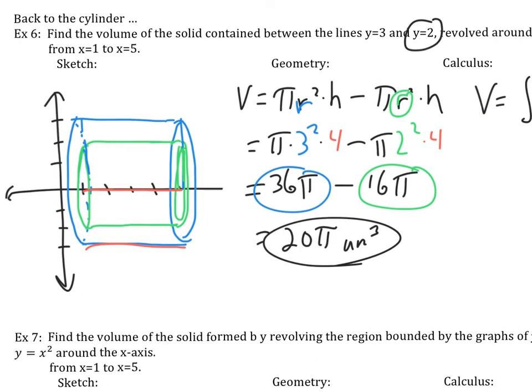So let's see what I can do based on what we did yesterday. Let's take out a slice of this cylinder. So I'm going to take out one narrow slice. Yesterday I referred to this as a disc.